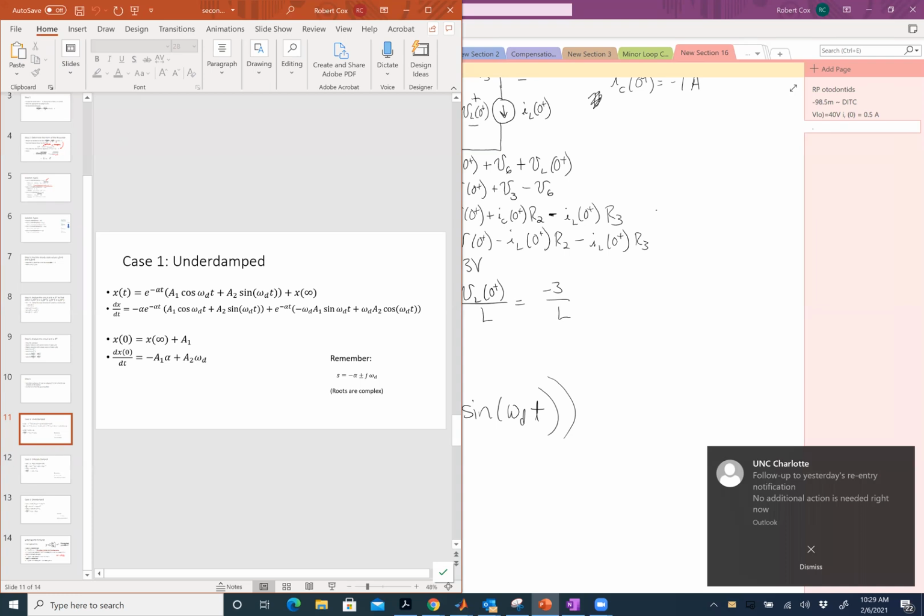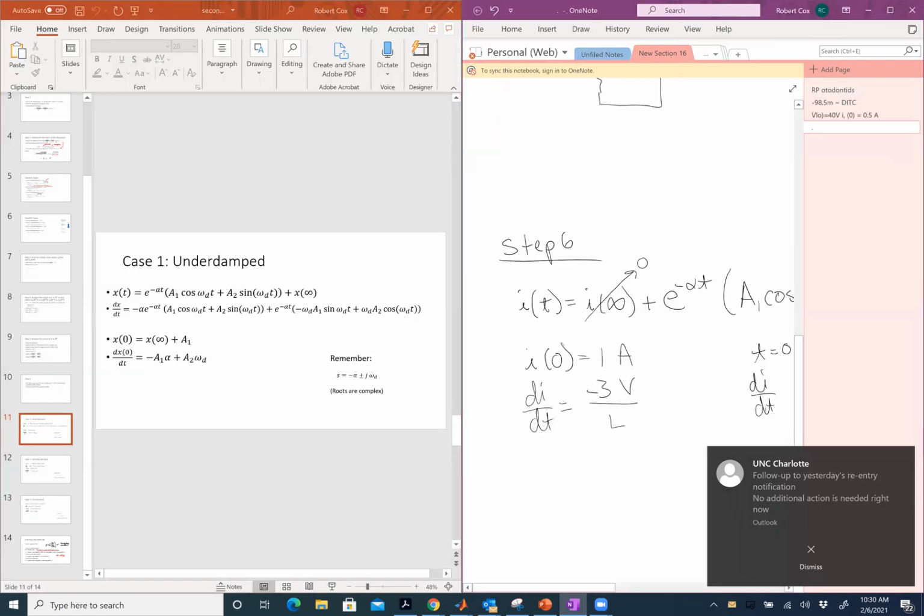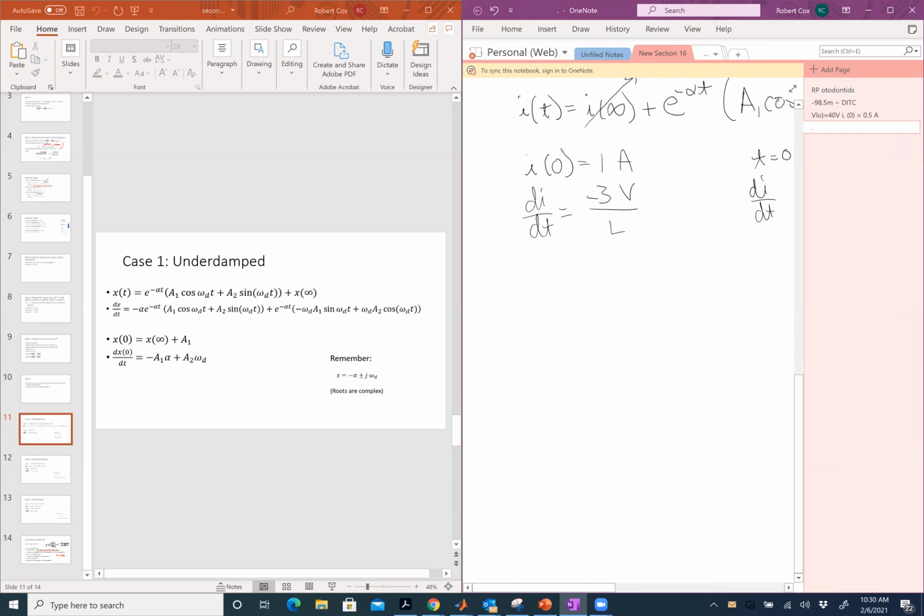The way that I do this is I say I of 0 equals I of infinity plus a1. That's one equation with one unknown. Very easy to solve for a1.